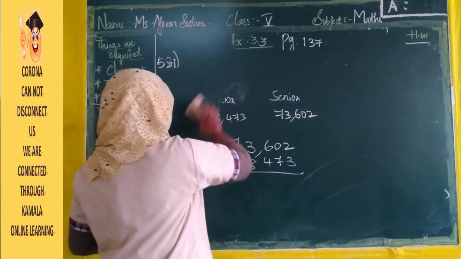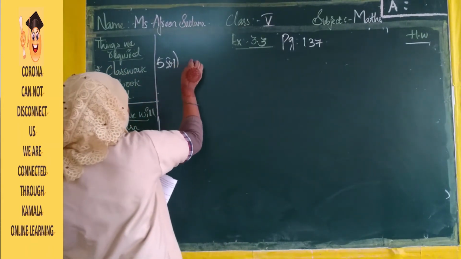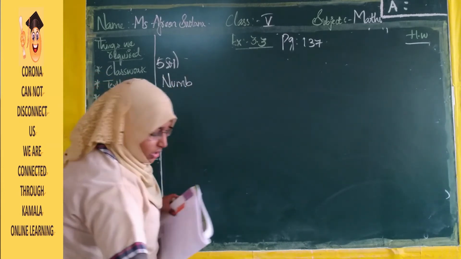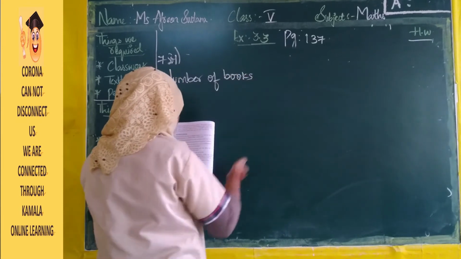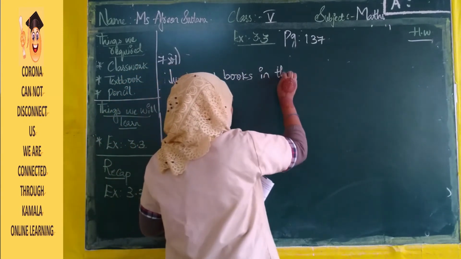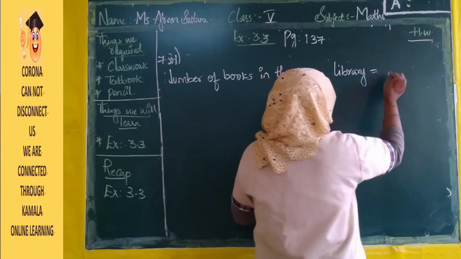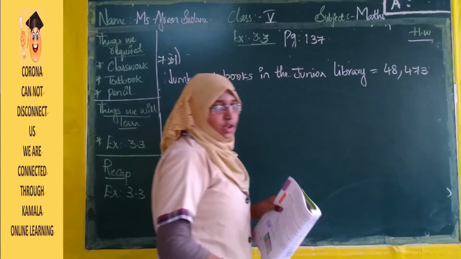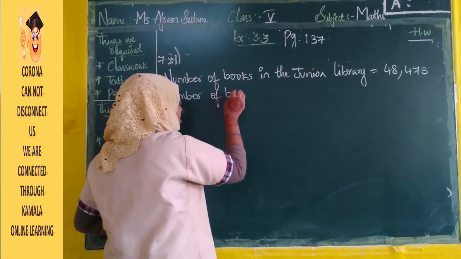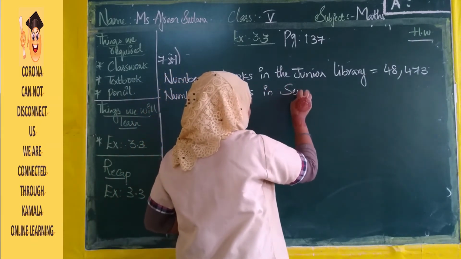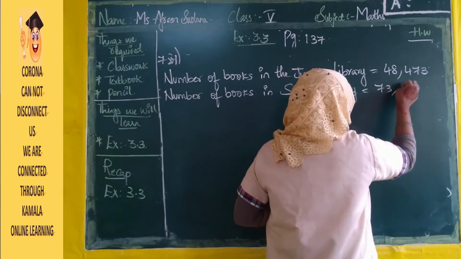Okay, so let us first write the given question. What have they given? The number of books in the junior library is 48,473. Next, the number of books in the senior library is 73,602.